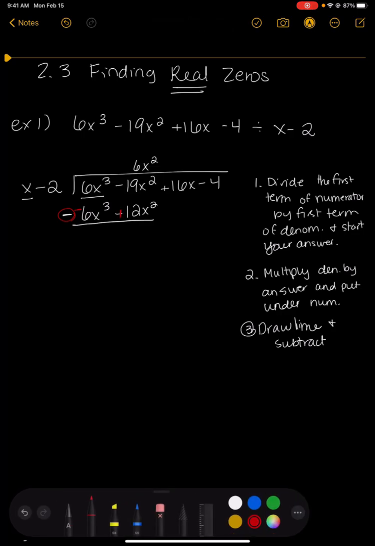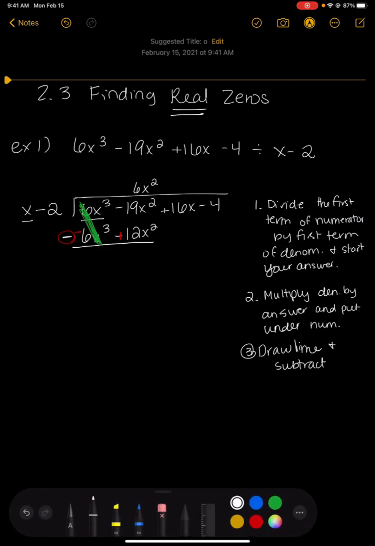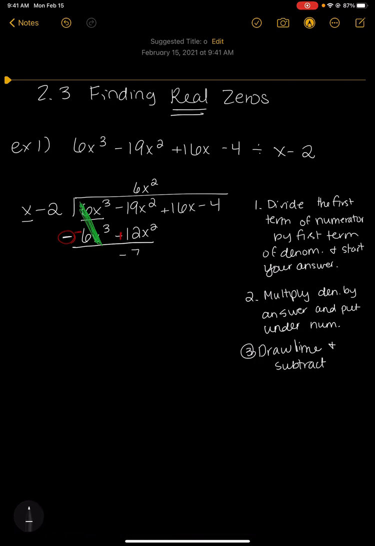So make sure that you're really careful there. When we subtract, the first term is always going to cancel. And then we'll bring everything else down. So negative 19x squared plus 12x squared is a negative 7x squared. And bring down the next term.